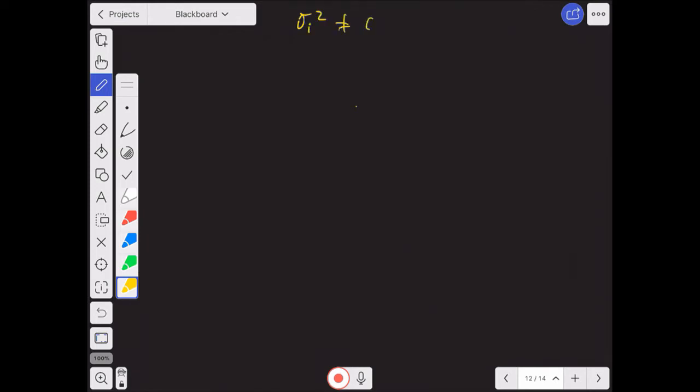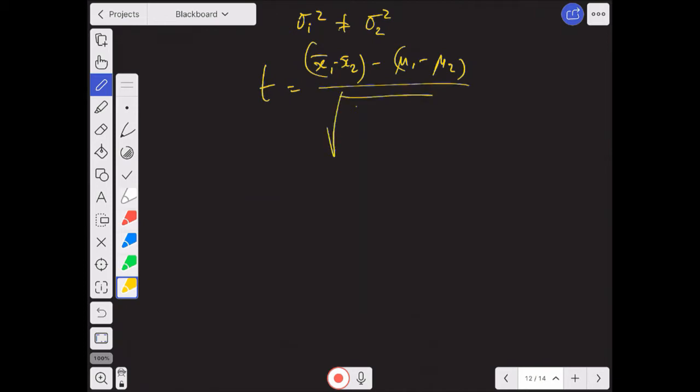They assume that they're actually not the same, which is a more reasonable assumption. And therefore, they would use t equal to x bar 1 minus x bar 2, minus mu1 minus mu2, and then just use the sample estimates, S2 squared over n2, which would make life a whole lot easier. We wouldn't have to find Sp squared. But then the degrees of freedom formula, wow.